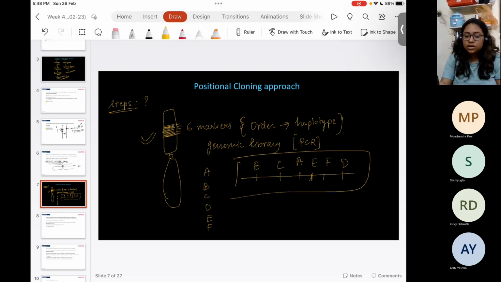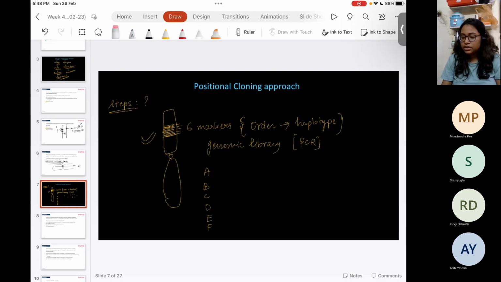One important prerequisite for doing physical mapping is that all your DNA fragments, say this is B1, this is B2, this is B3.